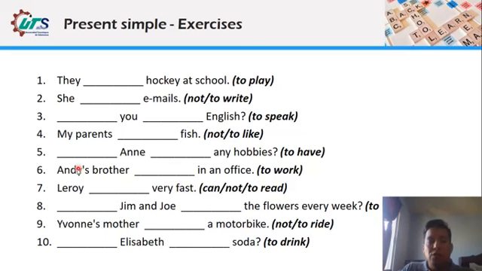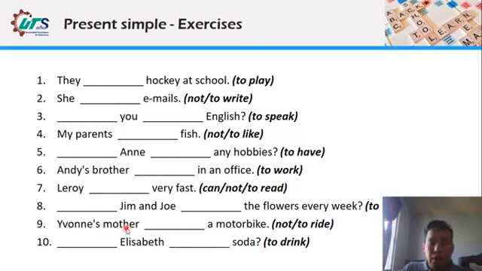Works, because we are talking about he, so with an s at the end, works. Leroy can read very fast. Do Jim and Joe water the flowers every week? Do, because Jim and Joe are they.